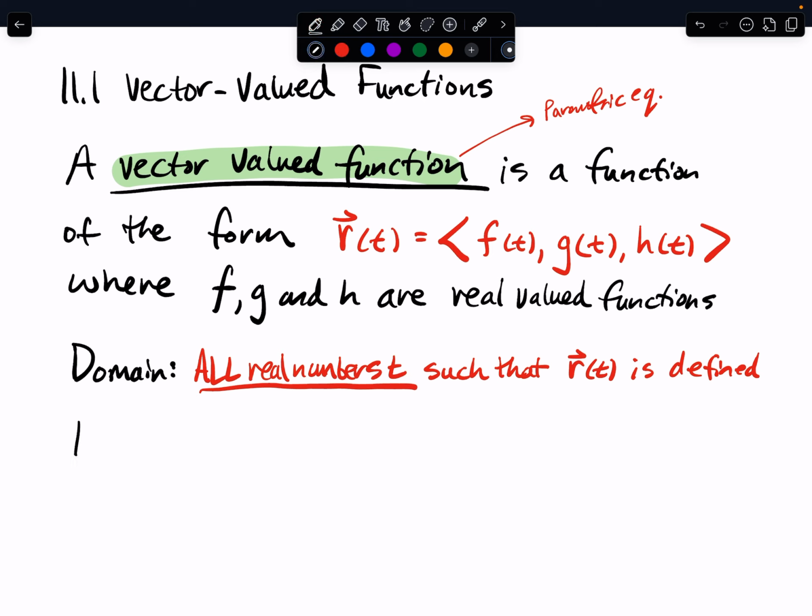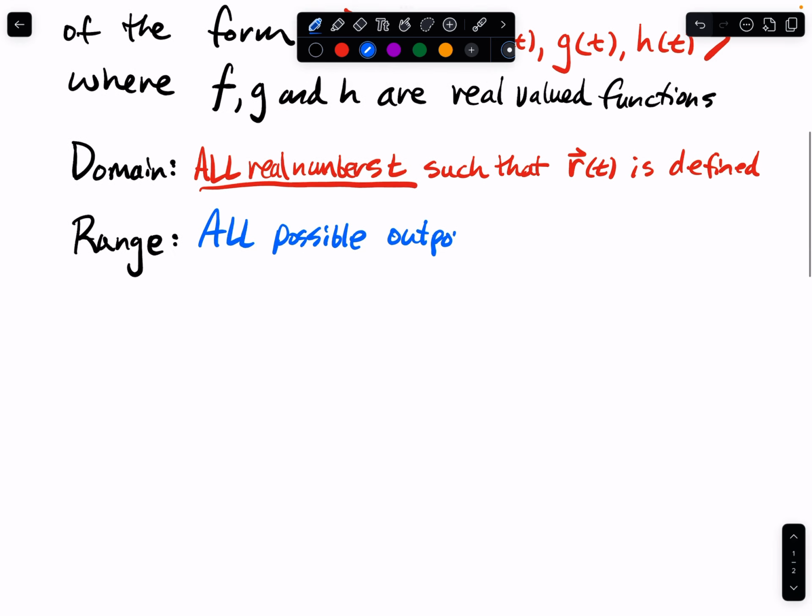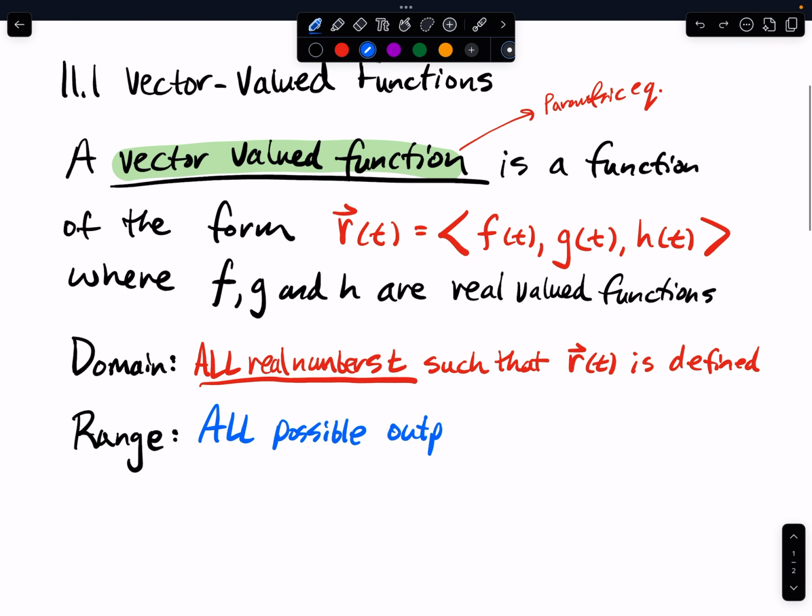The range is all possible output vectors r of t. Okay?